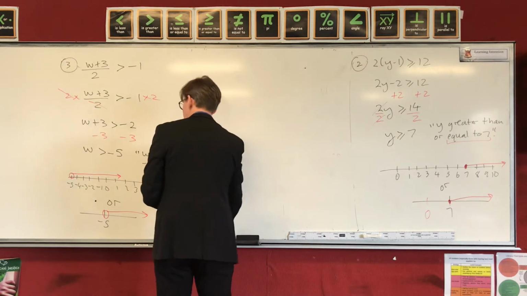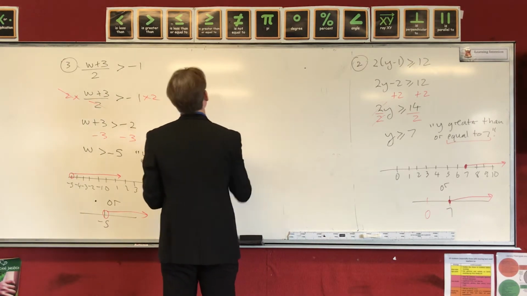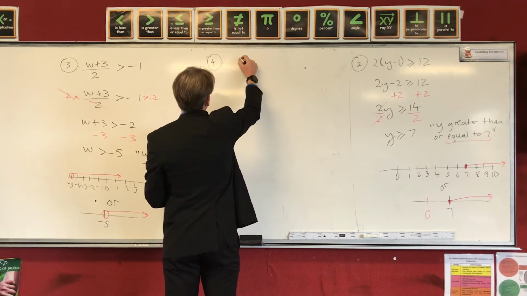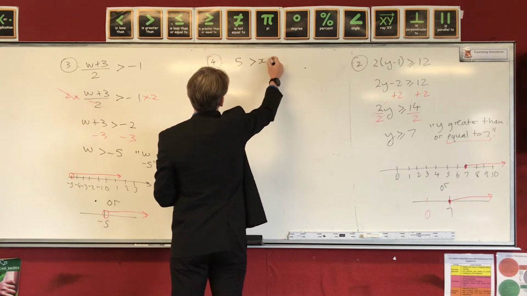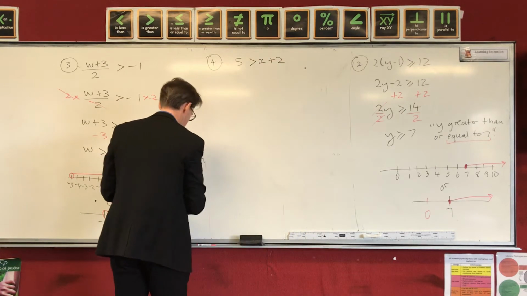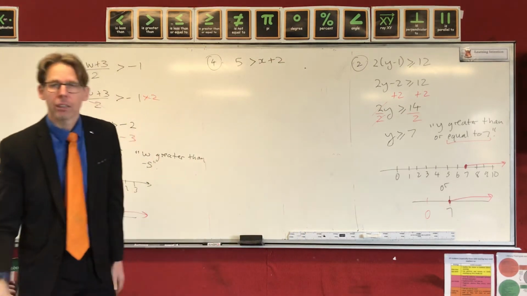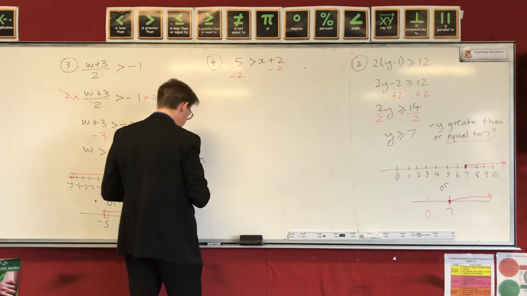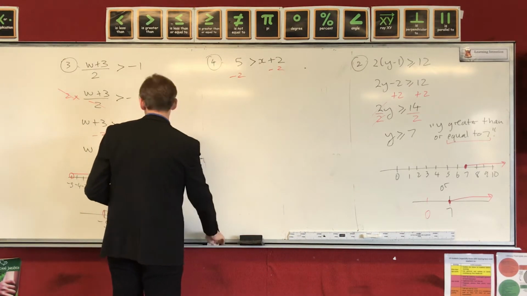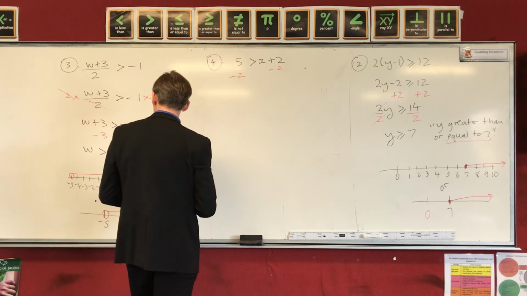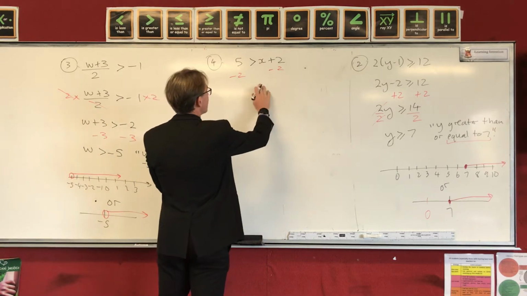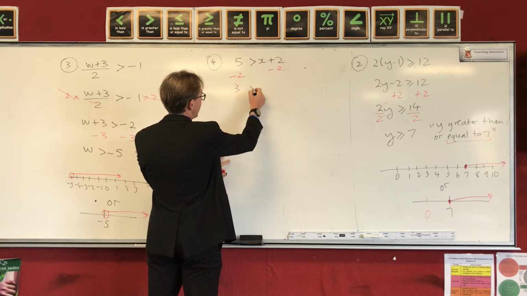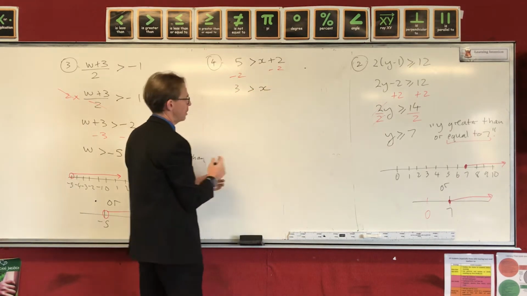Let's do something which looks quite easy. Number 4. Okay, so how about 5 bigger than x plus 2? Now, if I subtract 2 from both sides, I'm going to have 3 here greater than x.